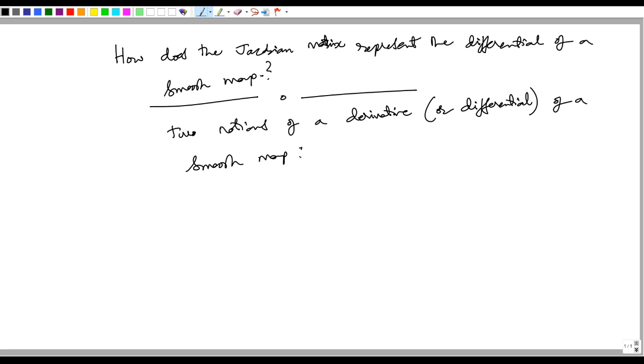When we started the course, we just dealt with open subsets of Euclidean space, and so this is the first notion. So let F, for simplicity, instead of dealing with the domain being an open set, I'll just take the whole of Euclidean space, R^n to R^m, be a differentiable map.